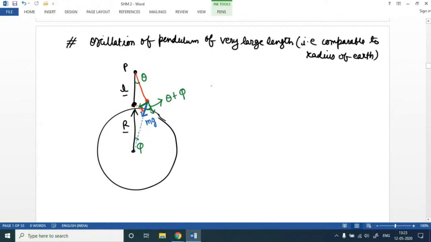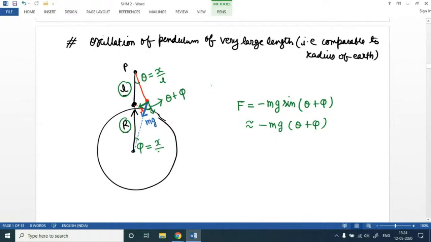So this component of restoring force F is nothing but minus mg sine of theta plus phi. Theta as well as phi both are small, so you can approximate it as minus mg into theta plus phi. Now look closely. Theta can be approximated as x by L, and phi can be approximated as x upon the radius, so x upon R.